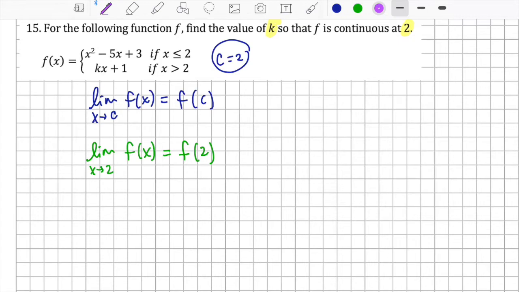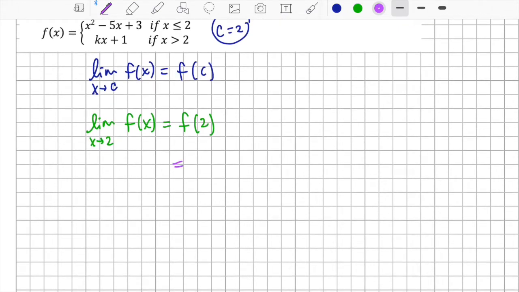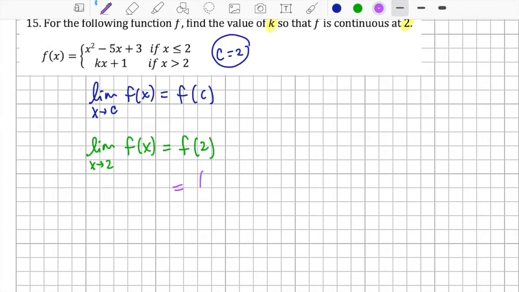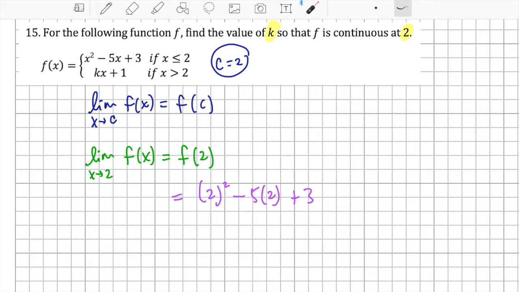And wherever you see an x, you're going to plug in a 2. So it'll be 2 squared minus 5 times 2 plus 3. Notice that all I did was replace the x's with 2.